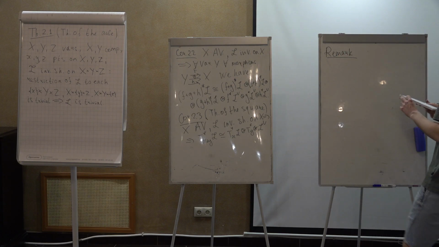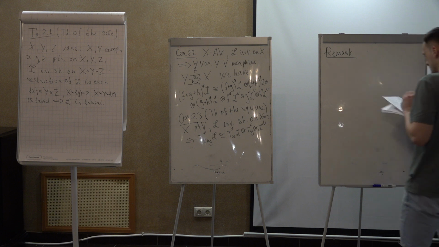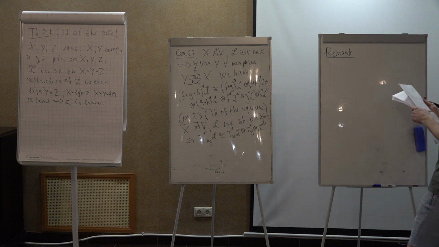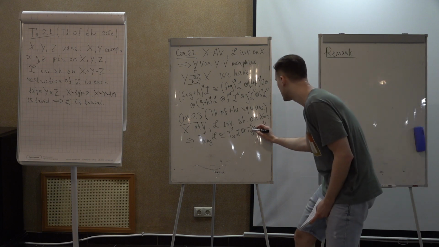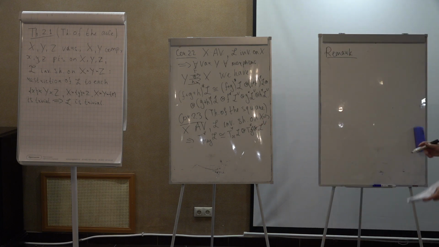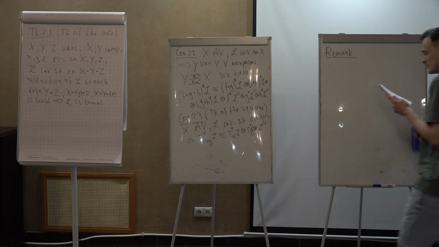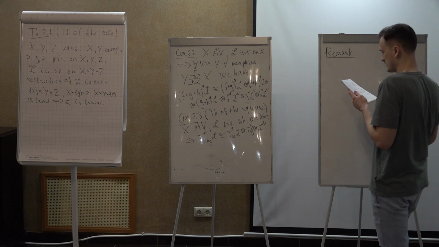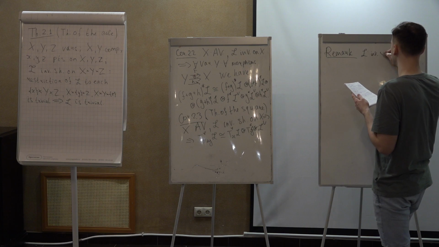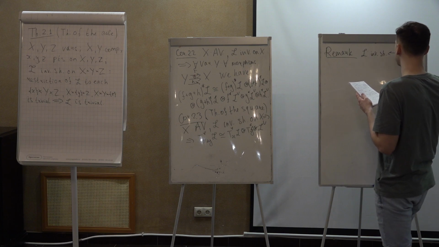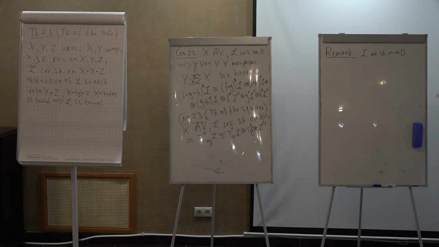If we look at the divisors, what do we get? Well, what is a pullback? Well, we take L, an invertible sheaf, and its corresponding divisor D. Right?